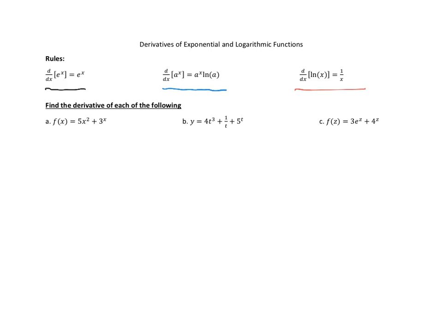So let's look at how we can apply these rules. For example A, f of x equals 5x squared plus 3 to the x. What we're going to do is take the derivative of each term.